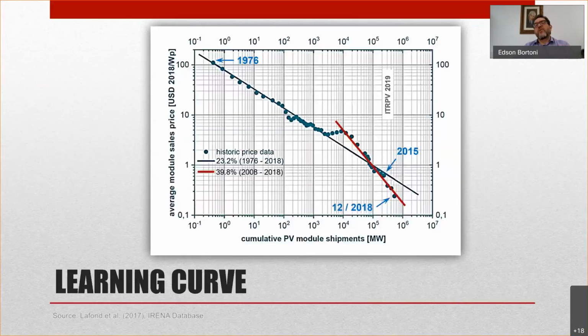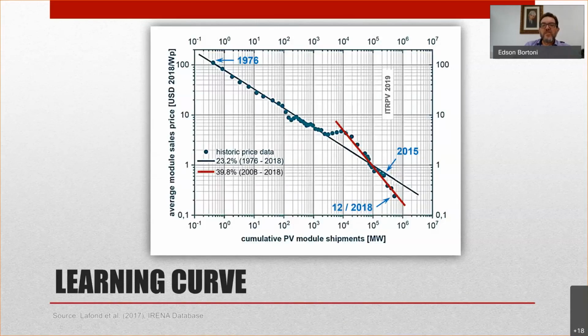The costs of photovoltaics are reducing a lot. It's very important. If you are using this trend, you could find here in 2008, 2020, a very small cost.